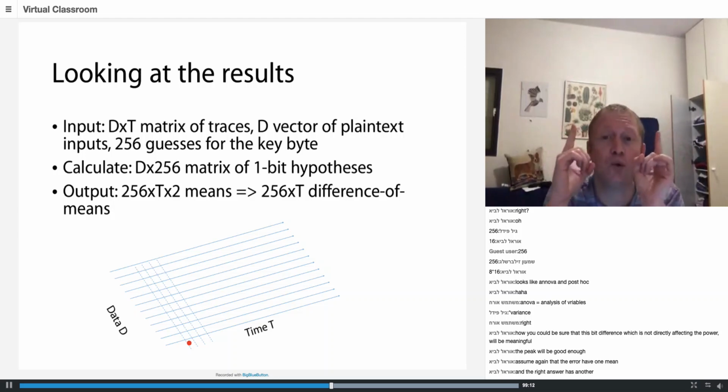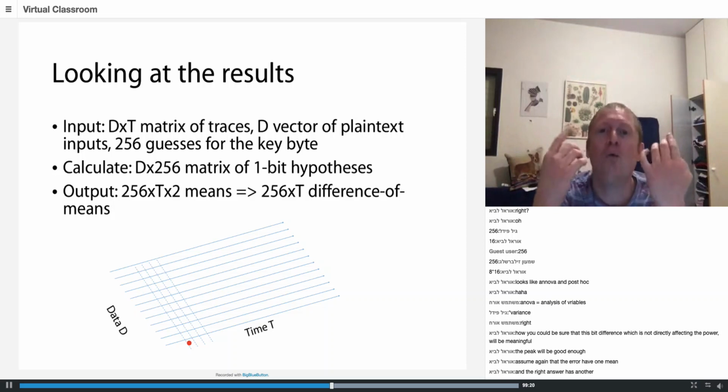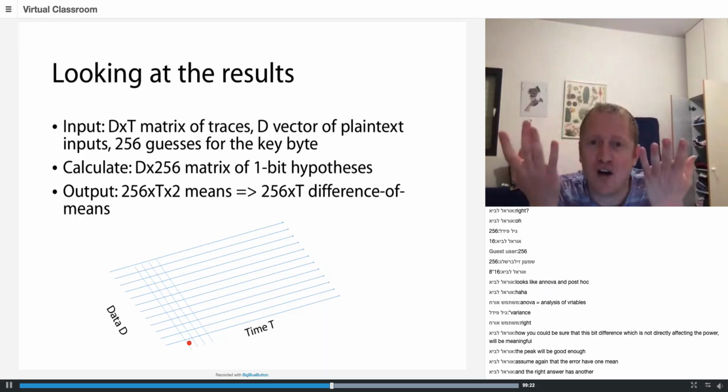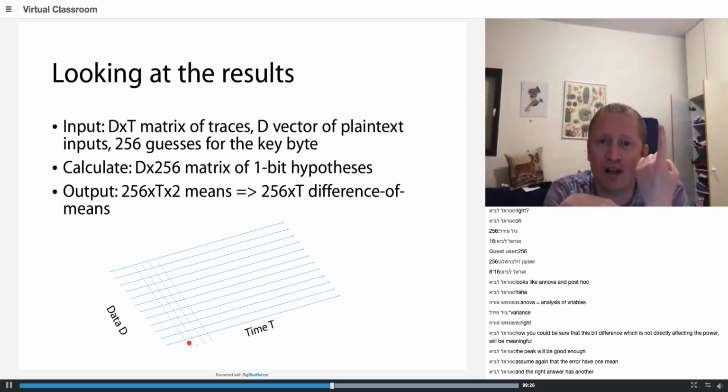256 different ways of splitting my traces into two. What does it mean, a way of splitting the traces into two? It means one bit value for each one of the traces.